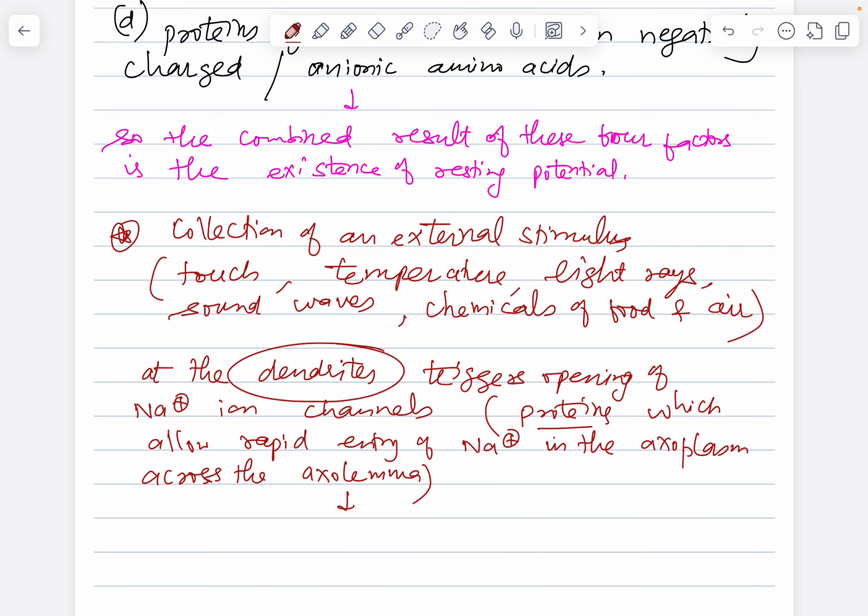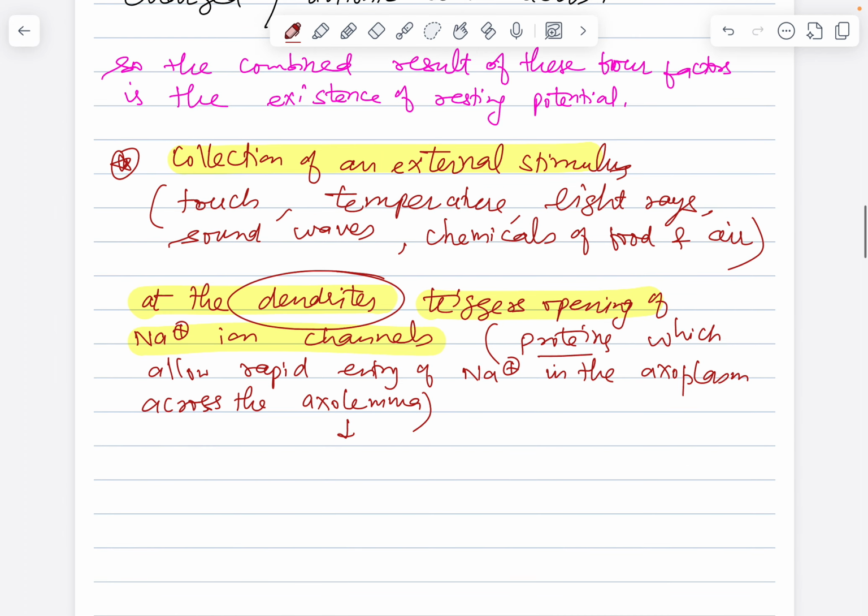So who's responsible for opening of the sodium ion channels? The collection of an external stimulus at the dendrites. Now the point over here is that the rapid influx or entry of sodium ions, what do you think will it do to the membrane polarity?